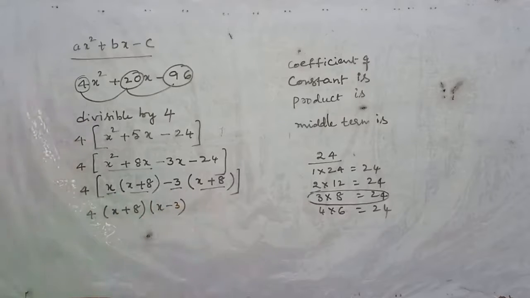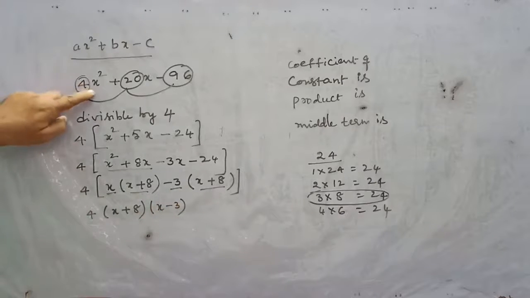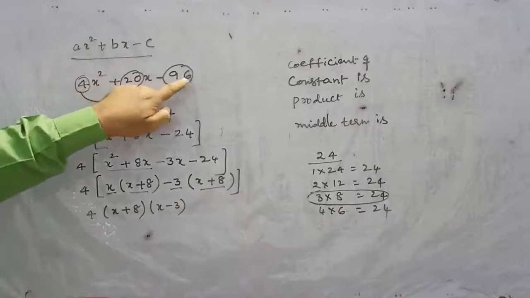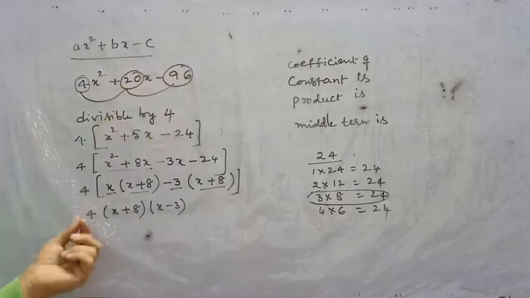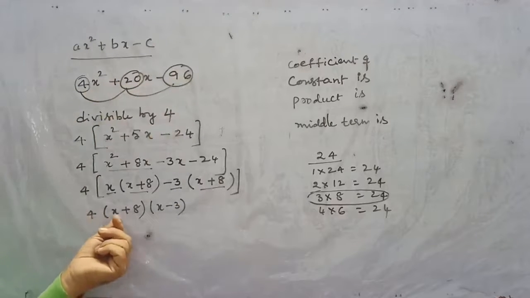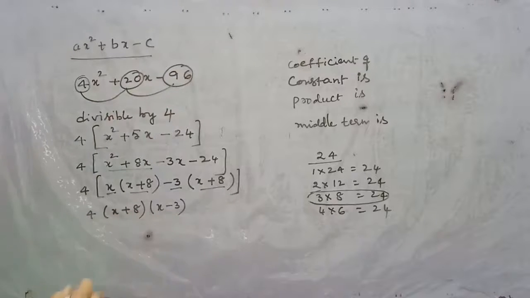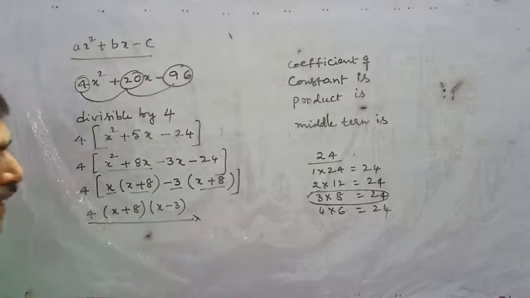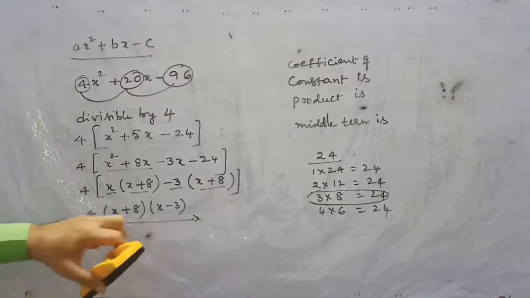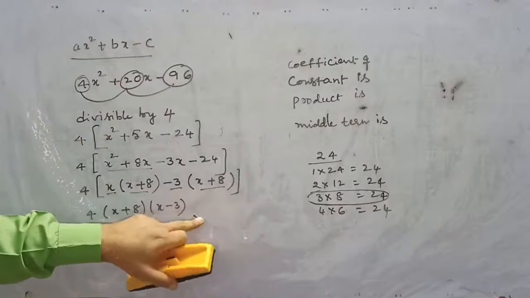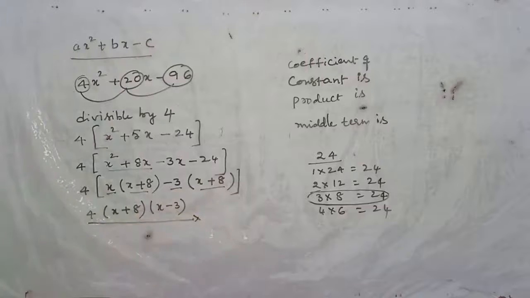Now the factors of 4x square plus 20x minus 96 are 4 into x plus 8 into x minus 3. These are the factors. Okay, I hope all of you understood how to factorize the given problem. Okay, thank you.